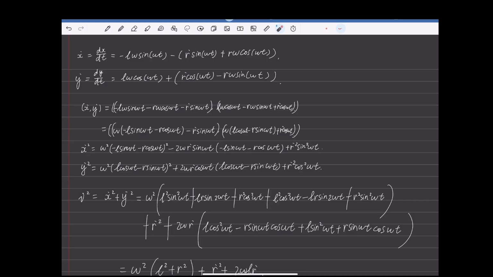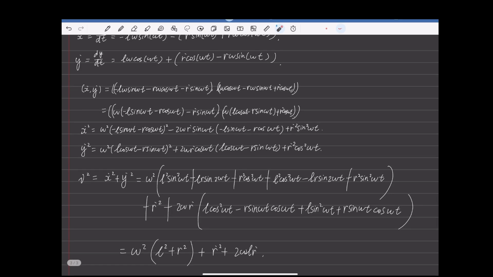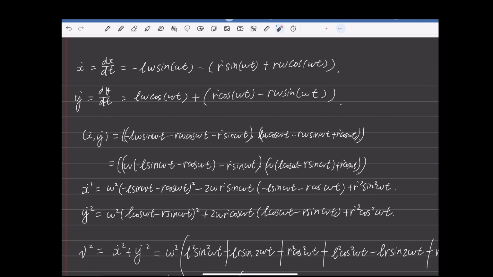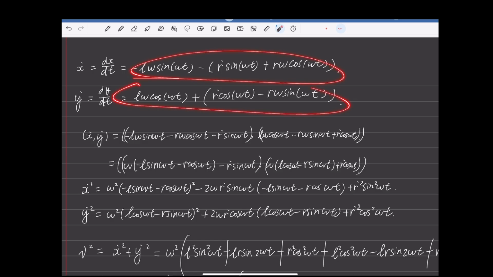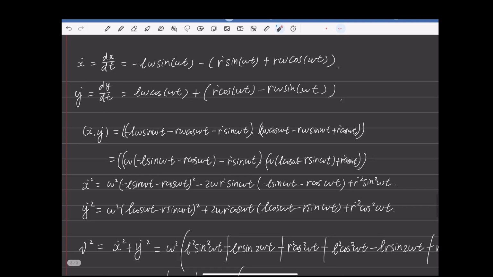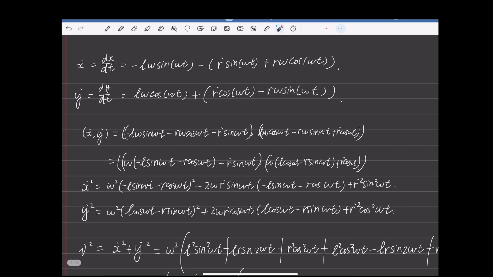I actually decided to write this out beforehand, just in the interest of time and not letting the video be too long and boring. Remember that in the previous section we had x dot to be negative L omega sine omega t, and this expression here. Now we can rearrange it a bit so it's easier to square it. So let's see, what do they have in common? Look at this term and this term.